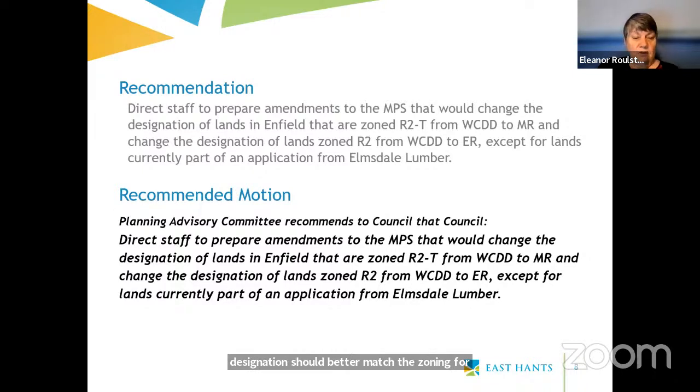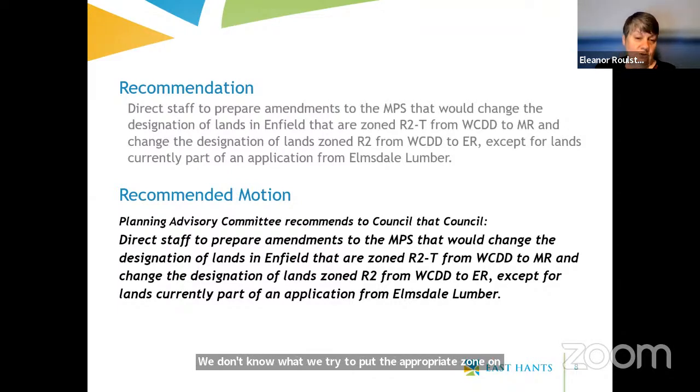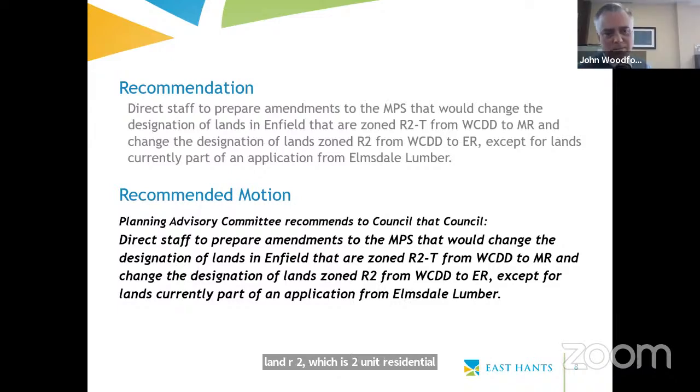Developers always have the option to come to council and ask for a rezoning. Whether they get it or not, we don't know, but we try to put the appropriate zone on the land. And it just seems to me that if we zone land R2, which is 2-unit residential, correct? Correct.